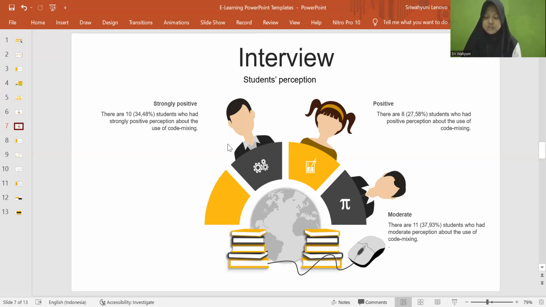They still feel unsure whether their English will improve with the use of code mixing when the teacher teaches. But even so, they think that with this code mixing, they can understand the subject matter, and so their English skills may also improve. This is natural because they are still at the junior high school level where they are just learning English.